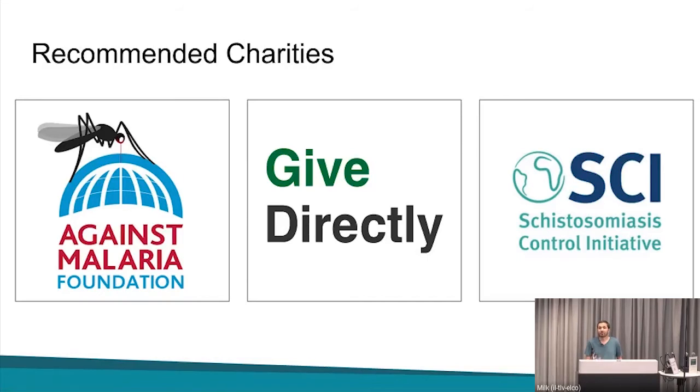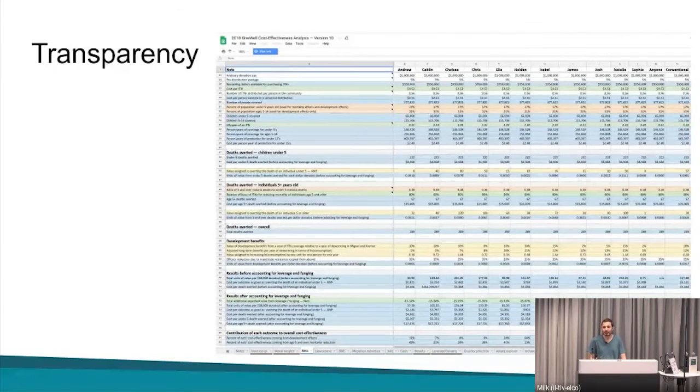To be able to provide this service to everyone, regardless of what their values are, GiveWell uses transparency to make it easy to use the research that they've done based on your preferences.